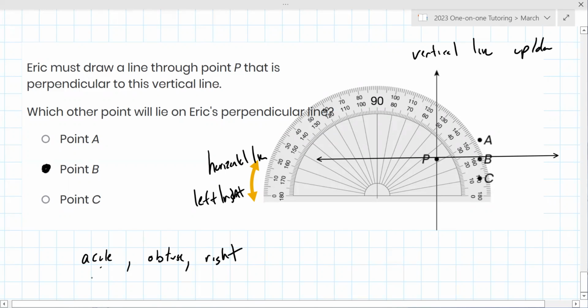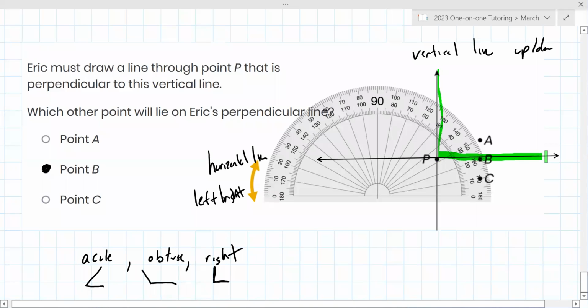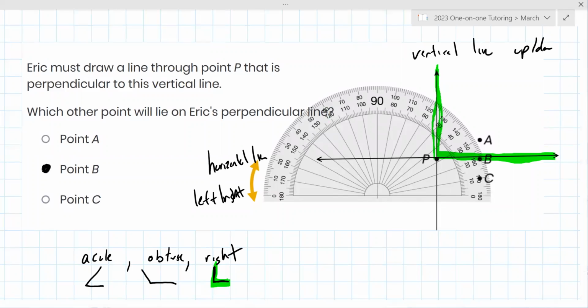It would be something that looks like that. And obtuse is greater than 90, and a right looks kind of like an L. Does this look like an L over here where the two come together? Does this look like an L, Michael? Yeah. So if it's an L, that's the right angle. Is that okay? Okay.